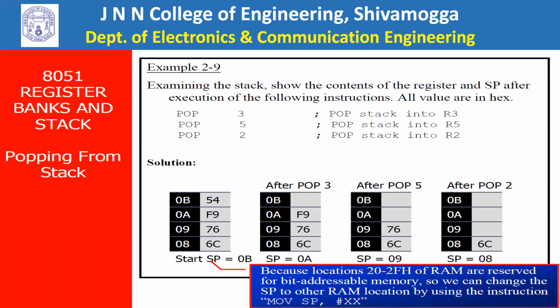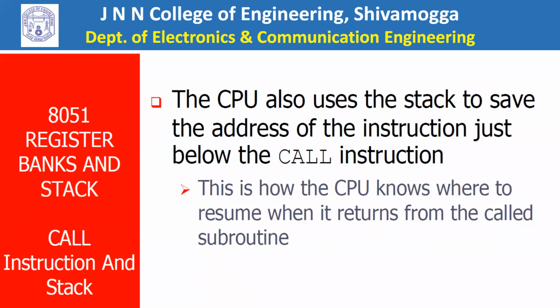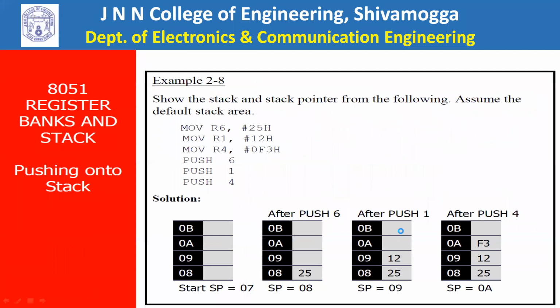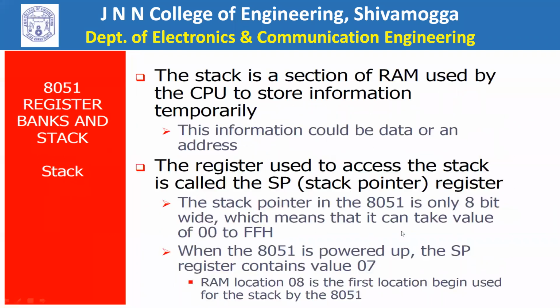So at present, the stack pointer is pointing to location 08. In every pop operation, the stack pointer is decremented by 1. First, the data is copied back to the specified register. Later, the stack pointer is decremented by 1. So this is how the user uses the stack in programming.